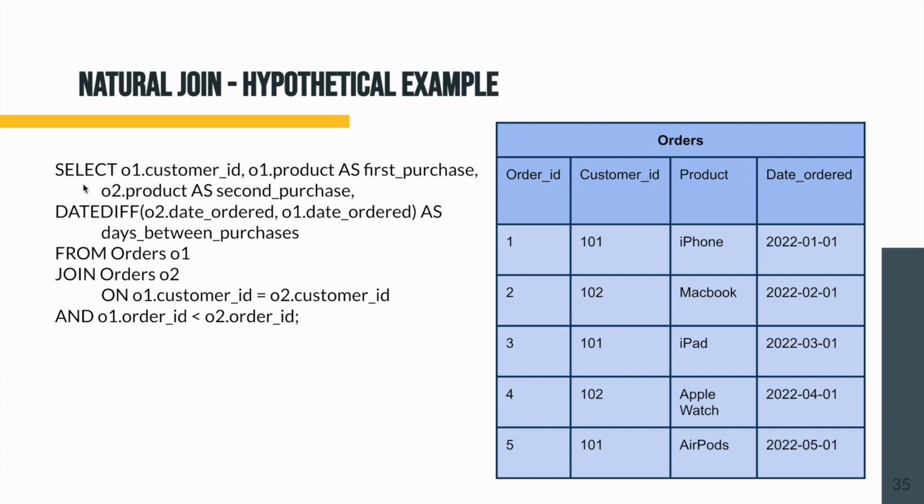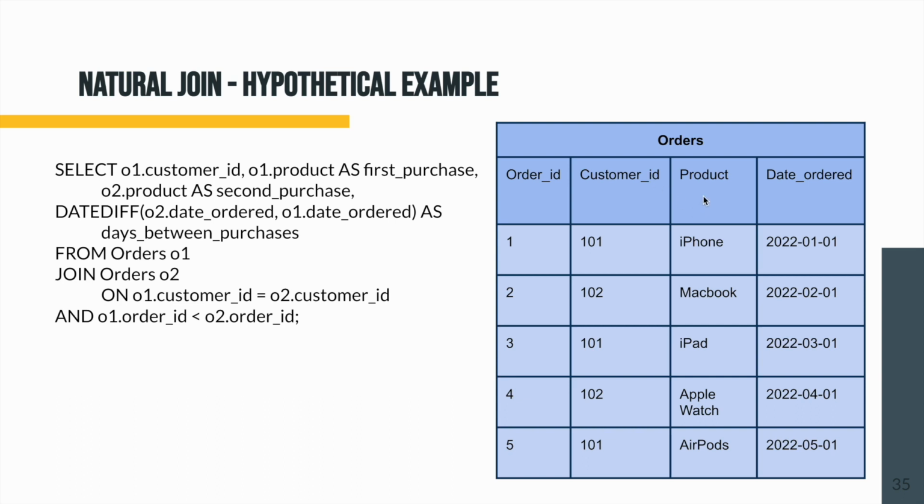And all I'm trying to do is select o1. I'm shortening it, giving a nickname in a sense, so I can distinguish my table 1 and table 2. Because a self join is using the same table twice, you need to rename them separately, or else it will get super confused. So we're saying select customer ID from orders 1, table 1, and then products.